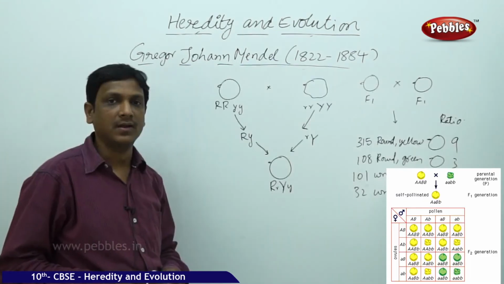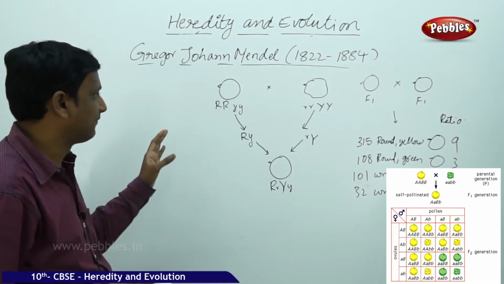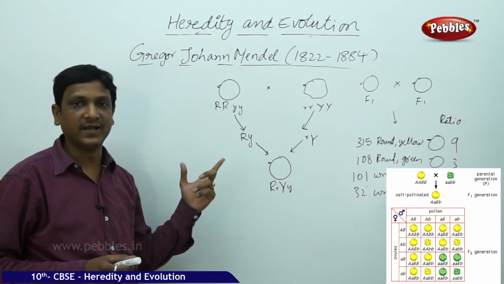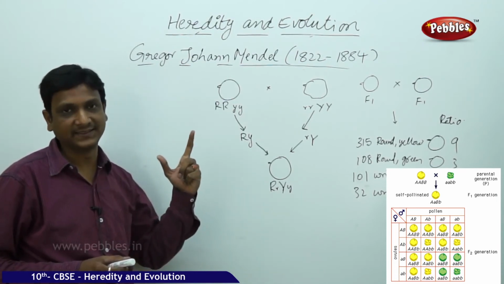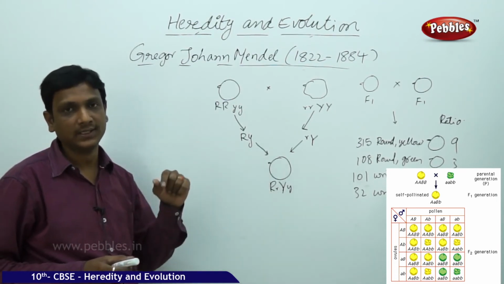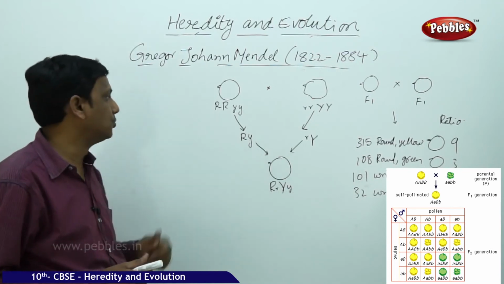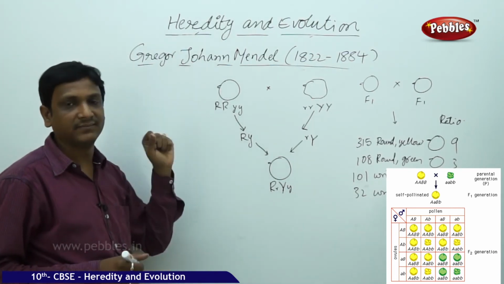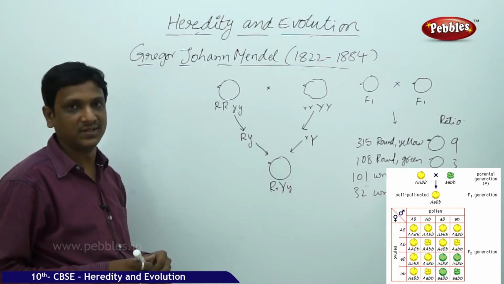Let us see the rules of inheritance by taking two contrast characters. Earlier we have seen only one contrast character, that is either short or tall plant. Here two. What is that? Here we are considering the color and shape of seeds of pea plant.